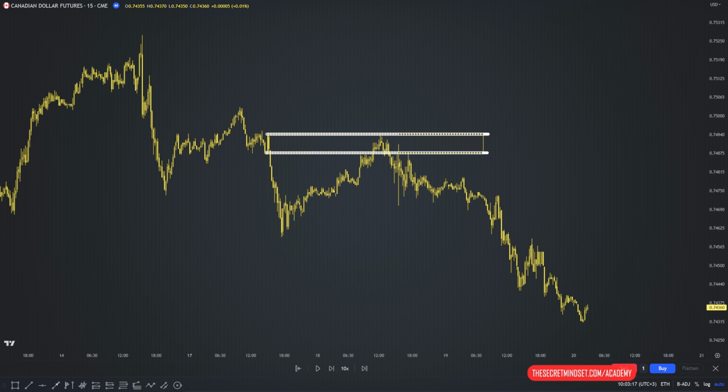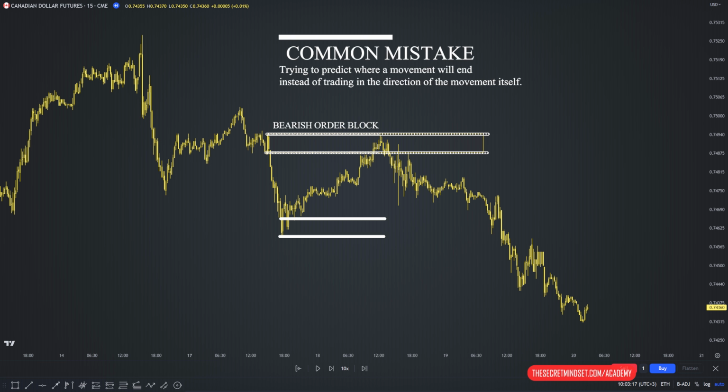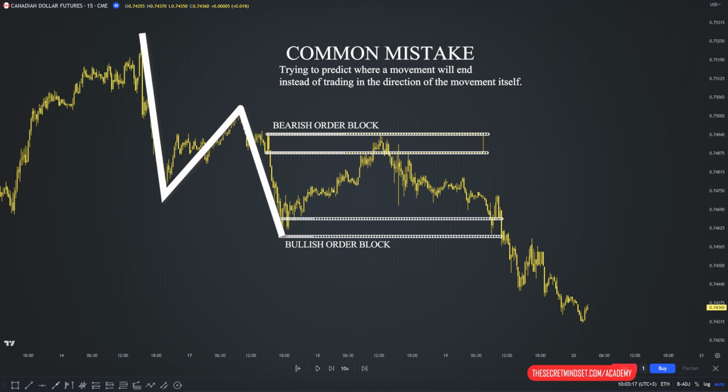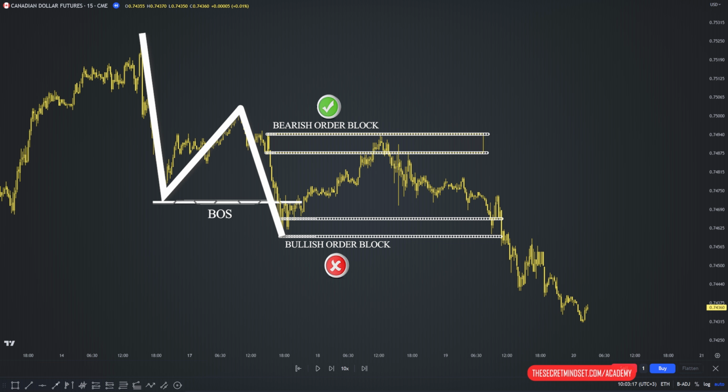Now, most of the traders who trade order blocks try to predict where a movement will end, instead of trading in the direction of the movement itself. What these traders typically tend to do is to mark all the order blocks which the market hasn't encountered yet, and wait for the price to enter these zones before going either long or short.